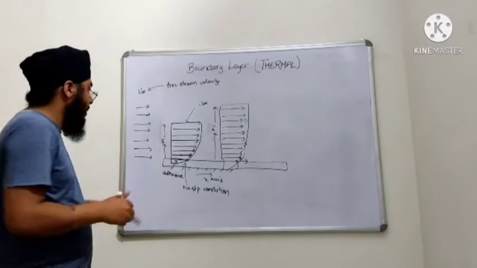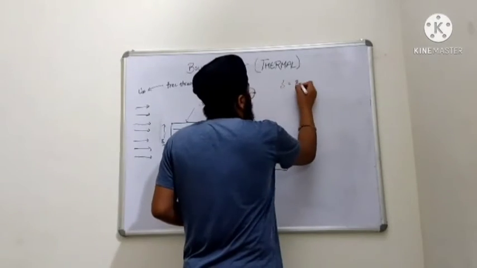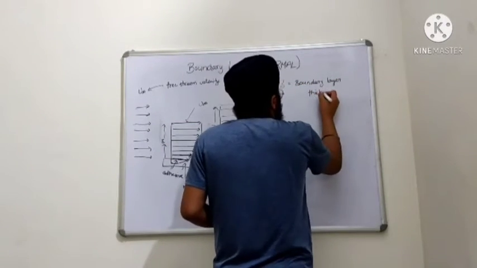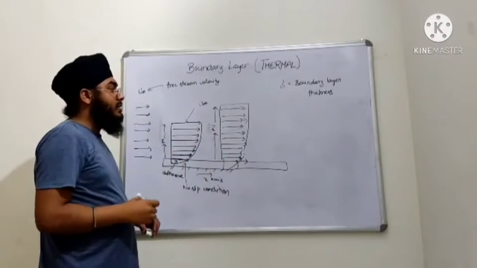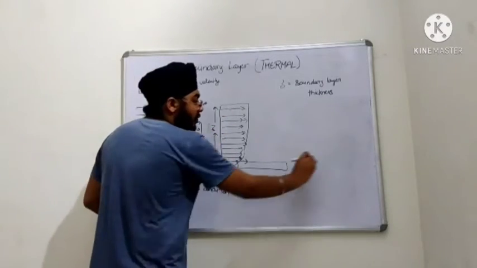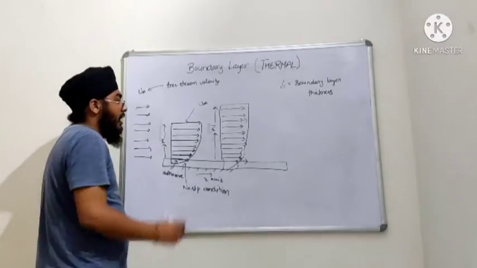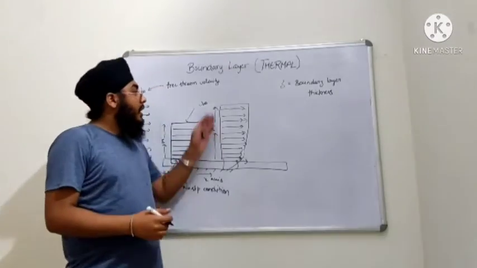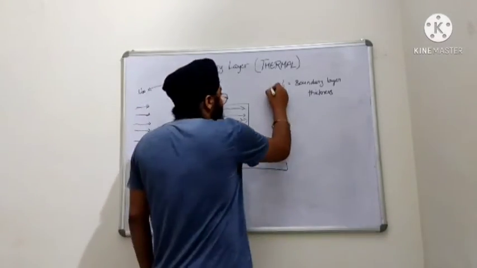Delta is the boundary layer thickness. As we move further away in the x direction, the delta will increase, and so on.